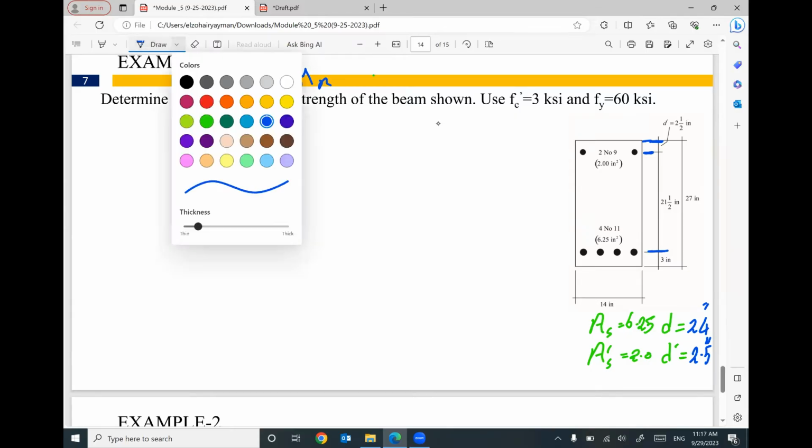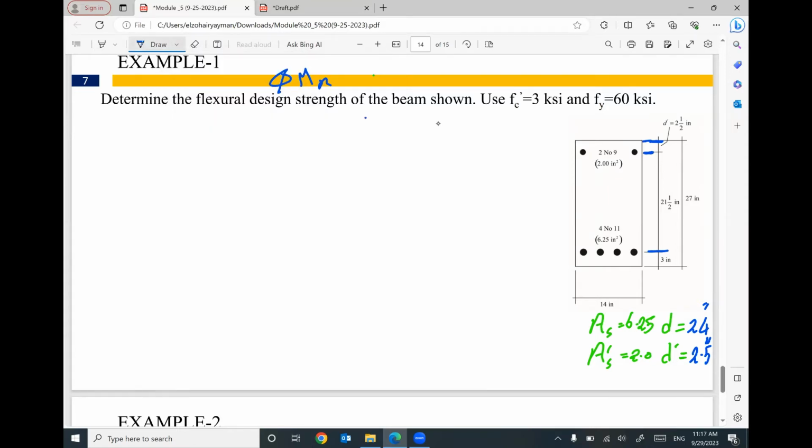Let's start. I will divide this cross section into 2 parts. The first part is your concrete with some of the steel reinforcement in tension. I will label it area steel 1.